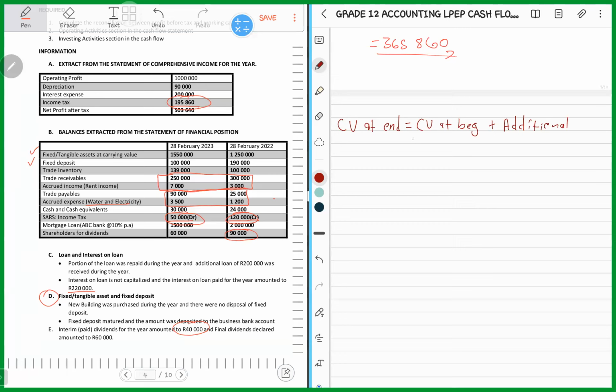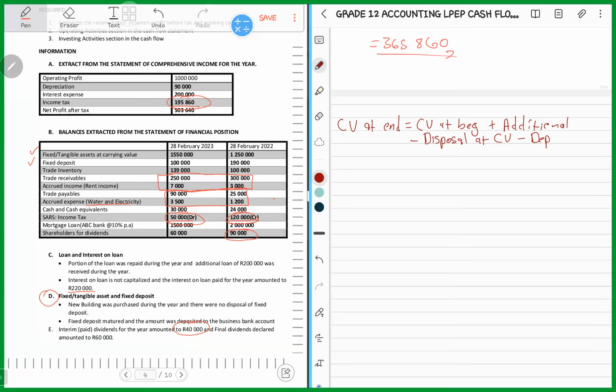Then you would subtract disposal at carrying value, or the carrying value of the disposed asset. Let me just say disposal at carrying value so that you'll remember the fixed asset note. Then you would again subtract the depreciation for the year. The answer that we'll be getting will be the carrying value at the end of the year.